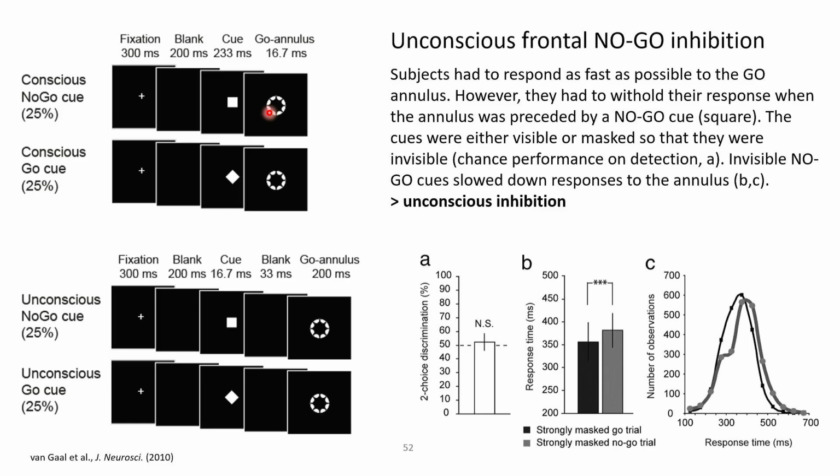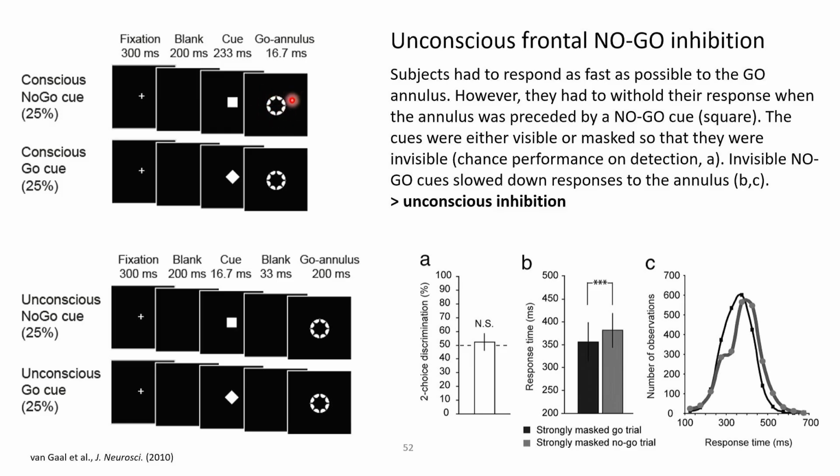This is an experiment done by Simon van Gaal, where he showed so-called unconscious frontal no-go inhibition. Now, what's no-go inhibition? That's the ability you have to withhold the response to a particular stimulus when you're given an instruction to do that, and otherwise, respond as fast as possible to that stimulus. So this is the stimulus that subjects have to respond to as fast as possible.